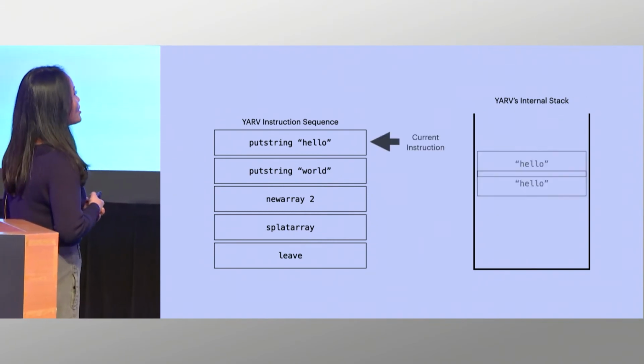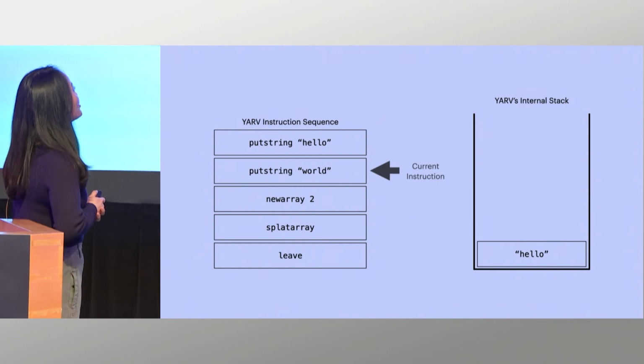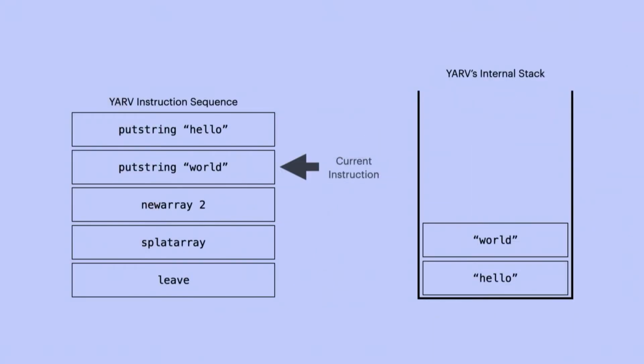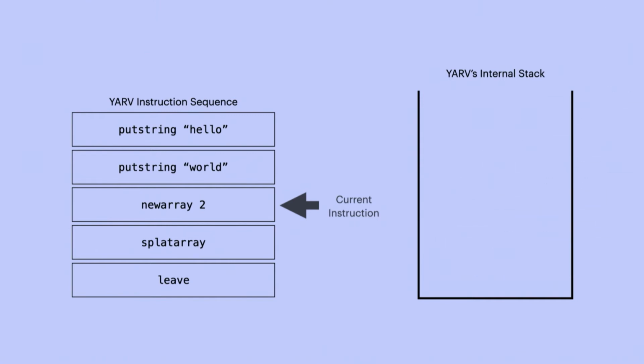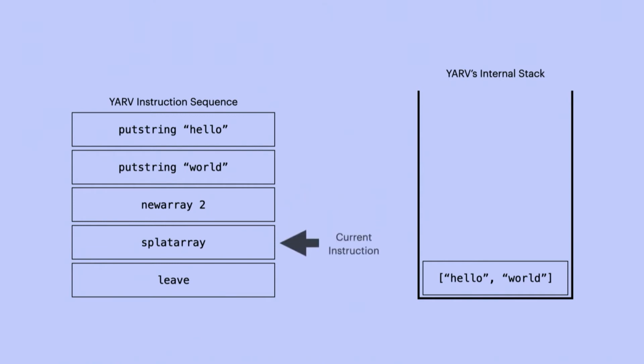Put string hello pushes hello, put string world pushes world, and then we call new array 2, which pops 2 elements off the stack and pushes a new array with the 2 elements. And then we call splat array, which pops something off the stack, calls to_a on it, and then pushes it back onto the stack, and then we leave.